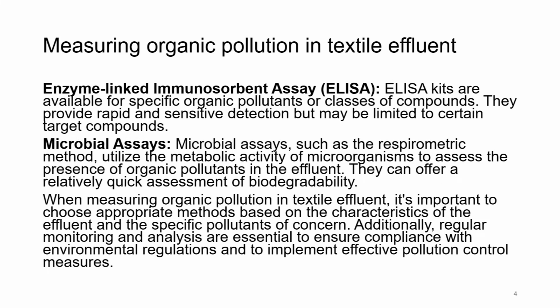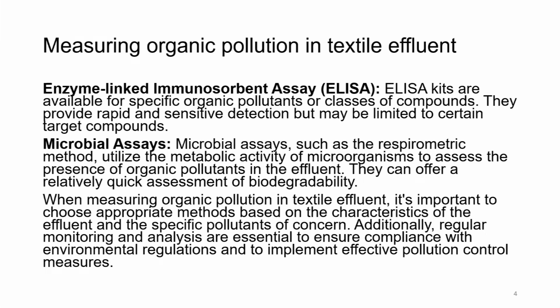Enzyme linked immunosorbent assay, ELISA. ELISA kits are available for specific organic pollutants or classes of compounds. They provide rapid and sensitive detection, but they may be limited to certain target compounds. Microbial assay.